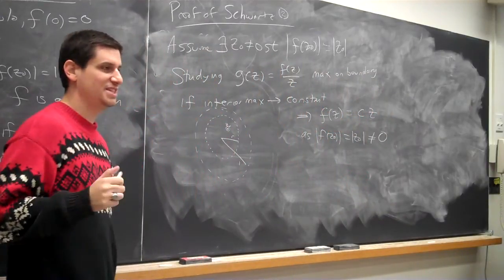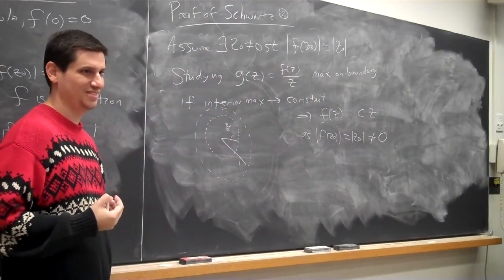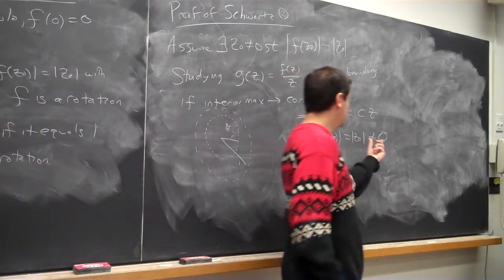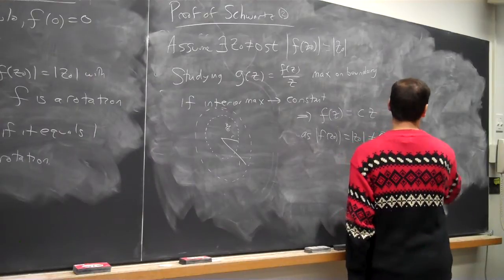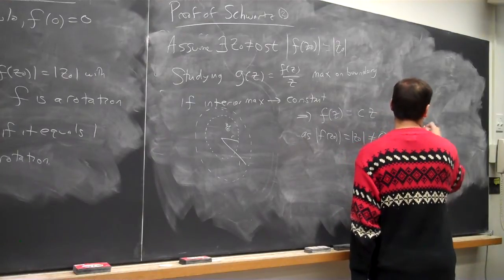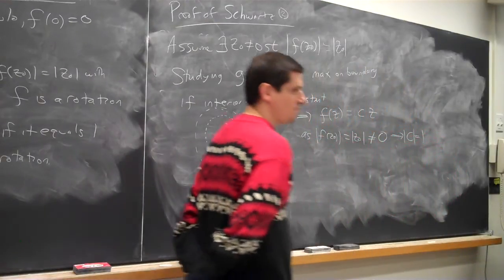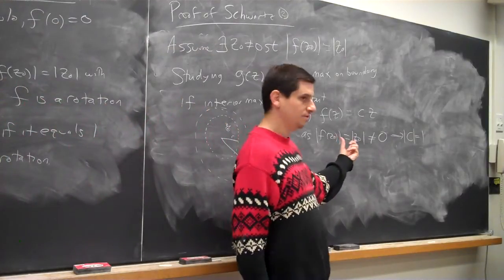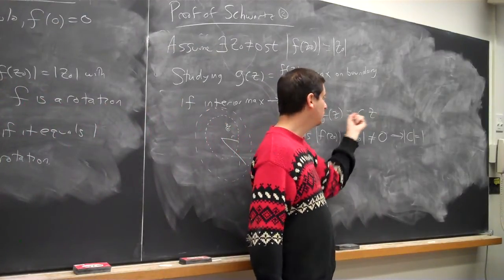That should come into the proof somewhere. This is not equal to 0. That implies c is 1 in absolute value. Okay? So c has to be 1 in absolute value. If z0 was allowed to be 0, then notice I wouldn't be able to conclude anything about c.